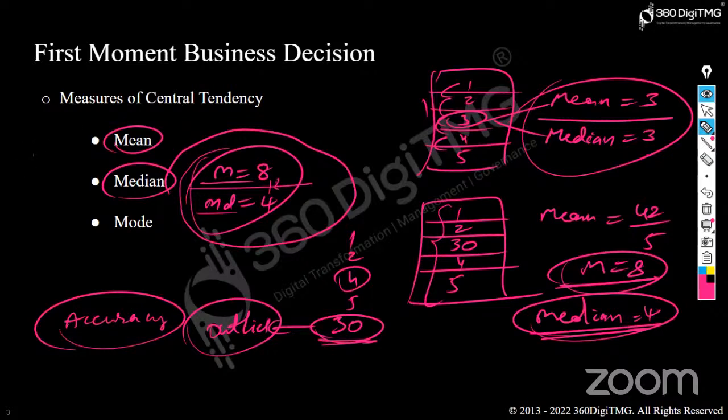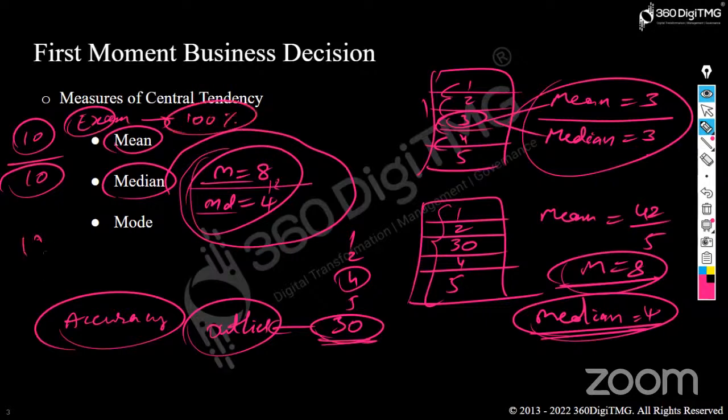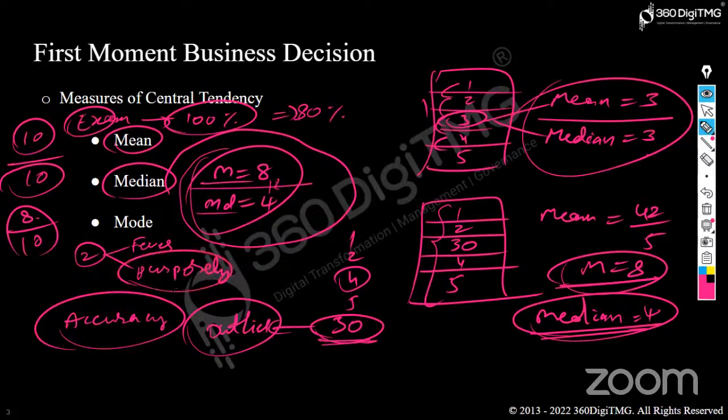Okay, I'll give you a simple example. In a class, there are 10 students, out of which all 10 students wrote the exam. So what is the attendance percentage? 100% attendance. If out of 10, 8 students appear for the exam, your attendance will be 80%. Now you don't have 2 people. One got fever and didn't write, and one purposefully didn't write the exam.